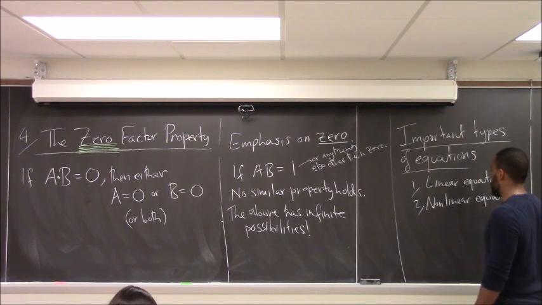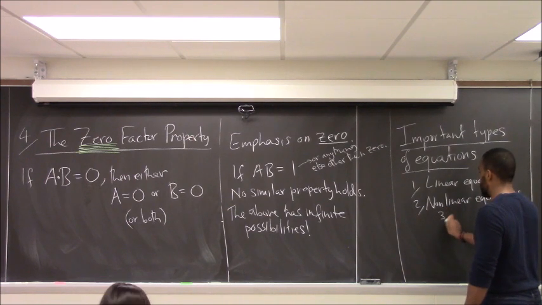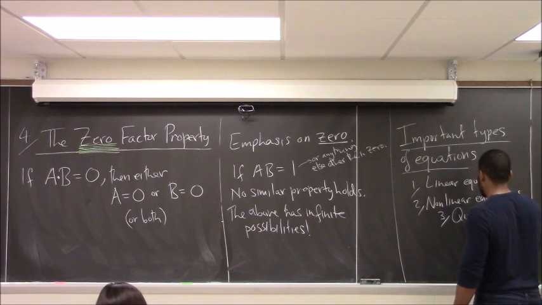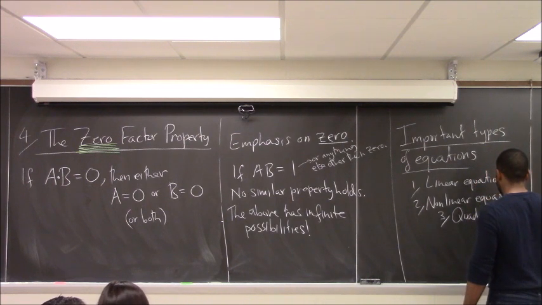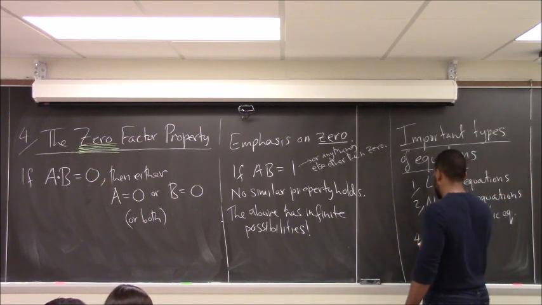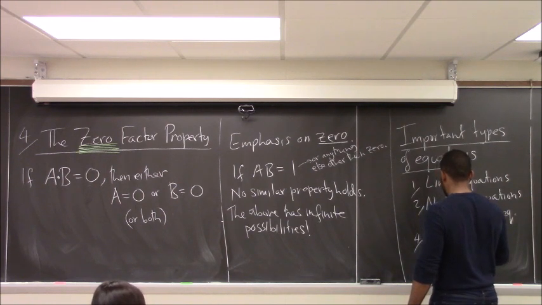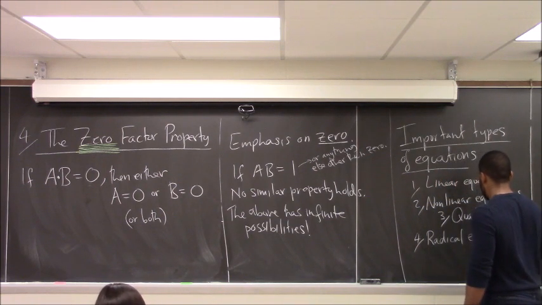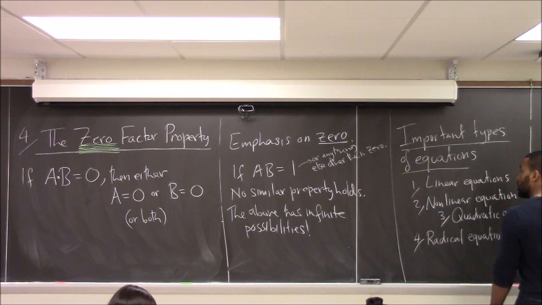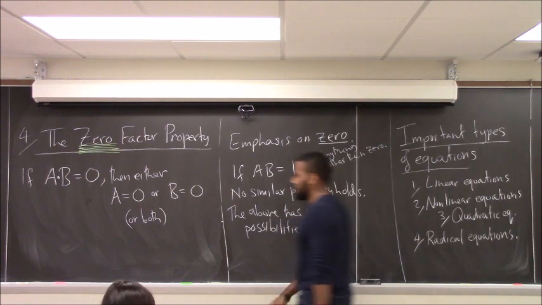Under nonlinear equations, we'll treat this as a separate topic, but it actually falls under this category. We're going to specifically talk about quadratic equations. Those are very useful. We're going to talk about radical equations. And I think that's all the kinds of equations I want.